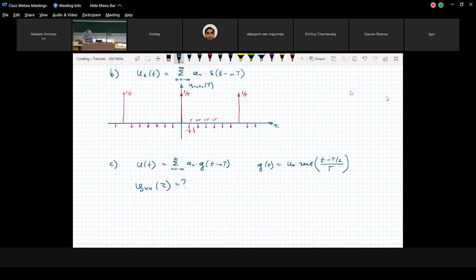Where should we replace rectangles? For part B, this is the autocorrelation function.